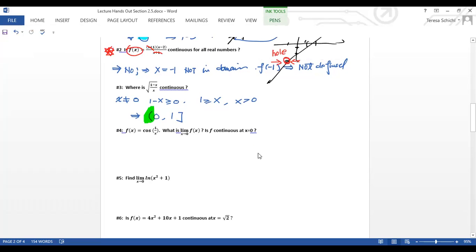So let's take a look at this one here. This is the xy plane, okay? And this is 1, and this is negative 1, right? So we know the cosine function is always between 1 and negative 1, but when x approaches 0, the function is going to go like this.